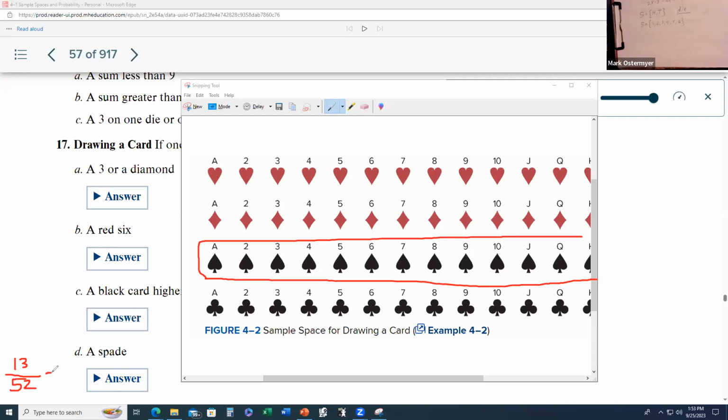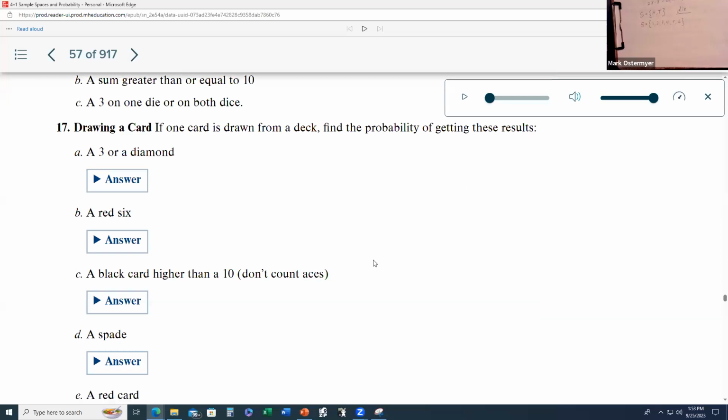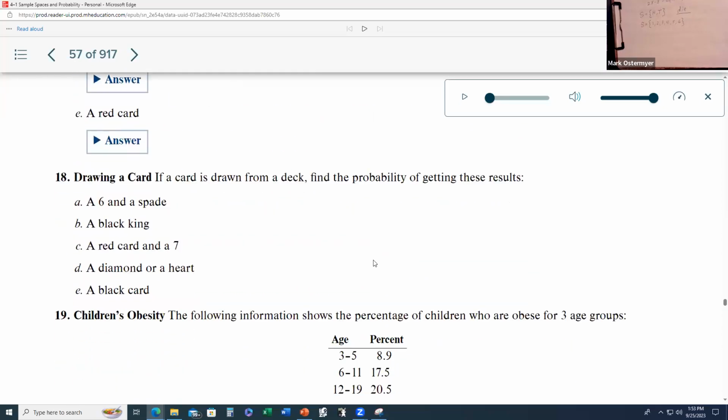If you reduce down by 13, it goes down to 1/4. 25% chance, correct? Of selecting a spade. So working with a standard deck of cards a little bit here gives us a little idea as to how to deal with some probabilities surrounding that.